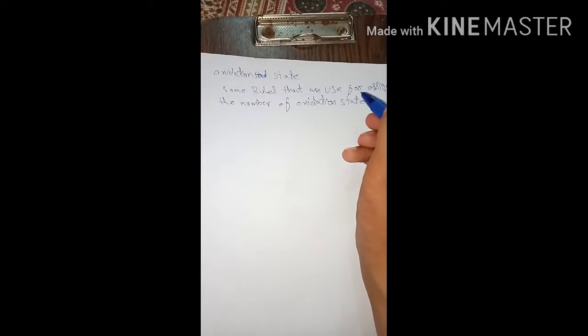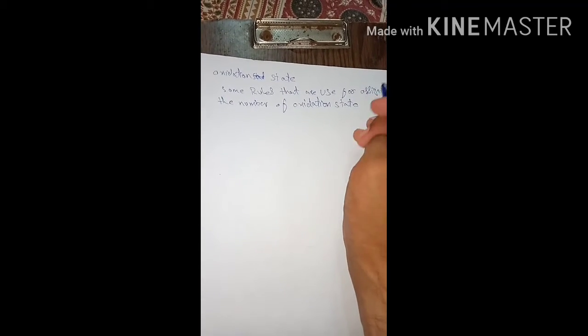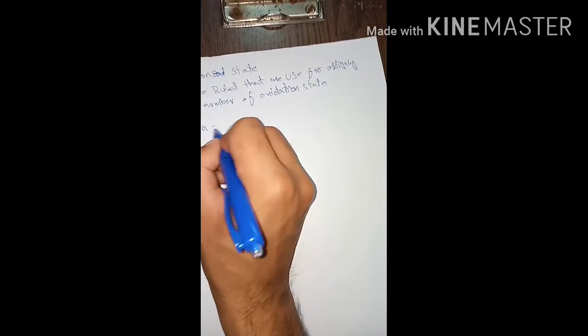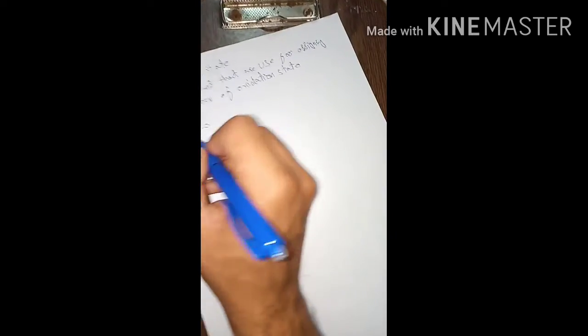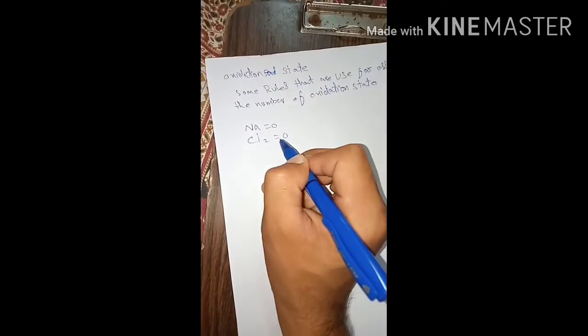The first one is that free elements have an oxidation state of 0, like free sodium has 0 oxidation state, and Cl2, chlorine, has 0 oxidation state.